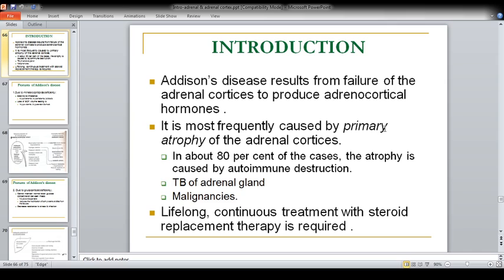We have to give the patient lifelong, till death, continuous treatment with steroid replacement therapy. We have to replace every hormone, every enzyme that is produced by the adrenal cortex by giving it orally to the patient.